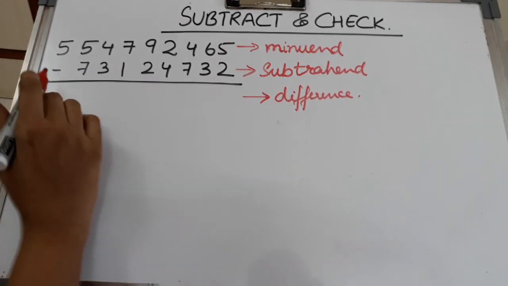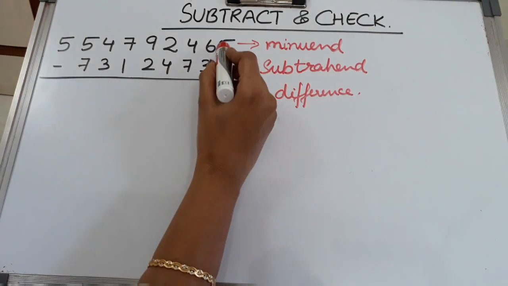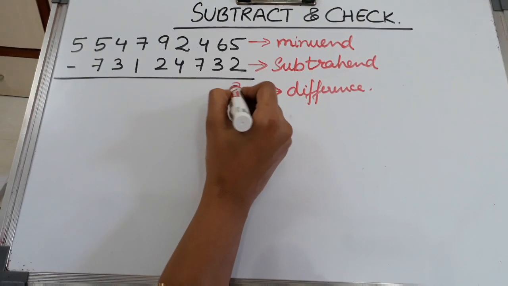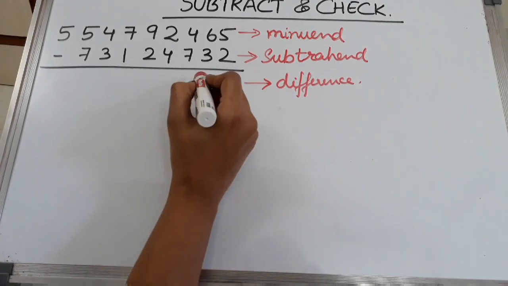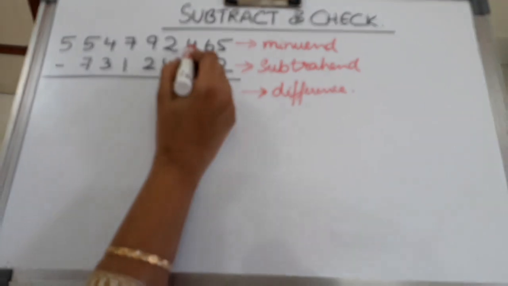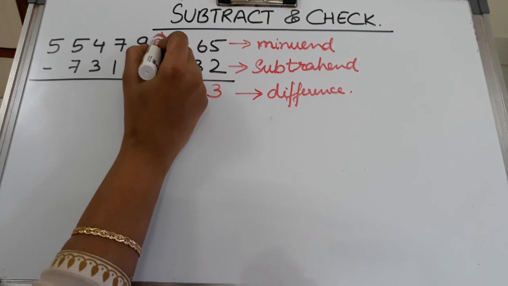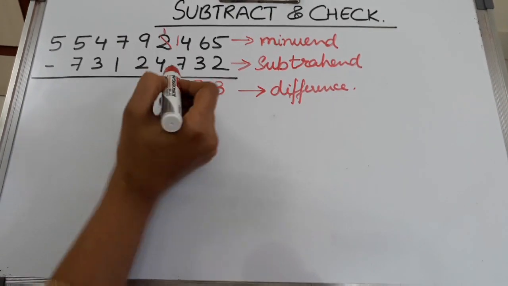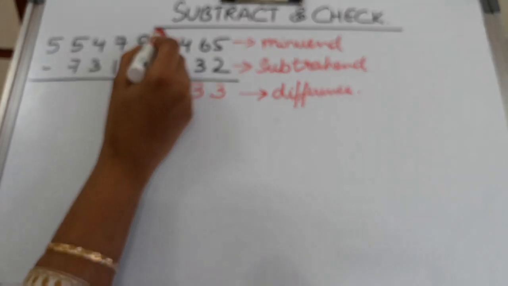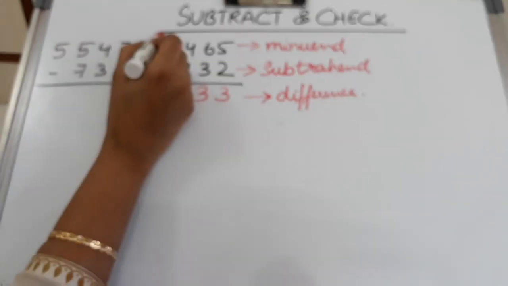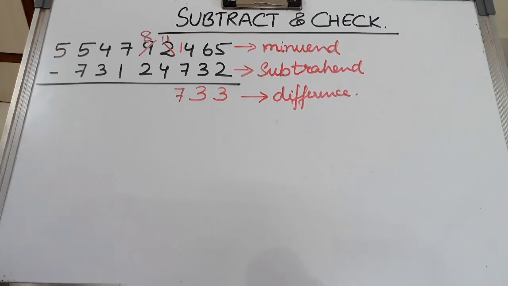Now first we will do the subtraction of the values. Simple subtraction. 5 is greater than 2, so we will write 3. 6 is greater than 3, again we subtract and get 3. 4 is smaller than 7, so we will borrow 1 from the next number, the one before, and make it less by 1. Again we can do the subtraction here: 7. Now 1 is less than 4, so again we will borrow from 9 and make it 8.